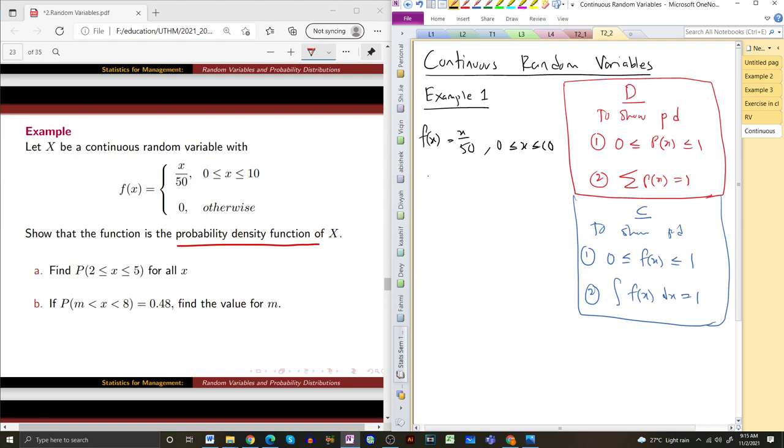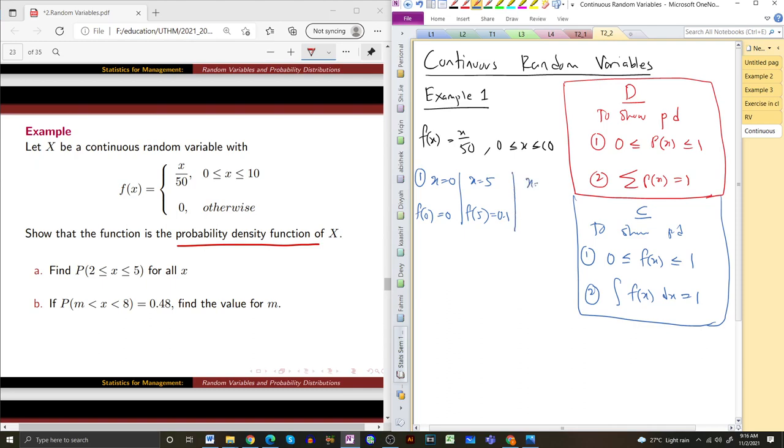Now for me to prove the first condition, let me take x equal to 0, just the end point. My f(0) is 0. If I take x equal to 5, the middle point, this would be 0.1 if you compute.